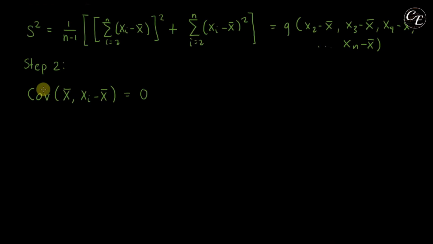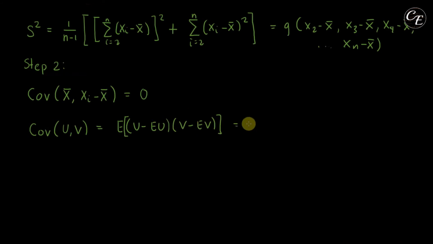Now for the formula, we have a general formula for covariance. Let's say we use the variables u and v again. It is equal to the expectation of u minus expectation of u, times v minus expectation of v. We can expand the terms in here.